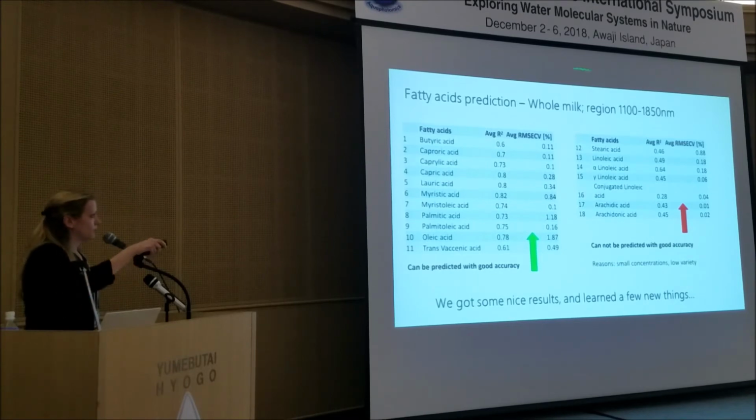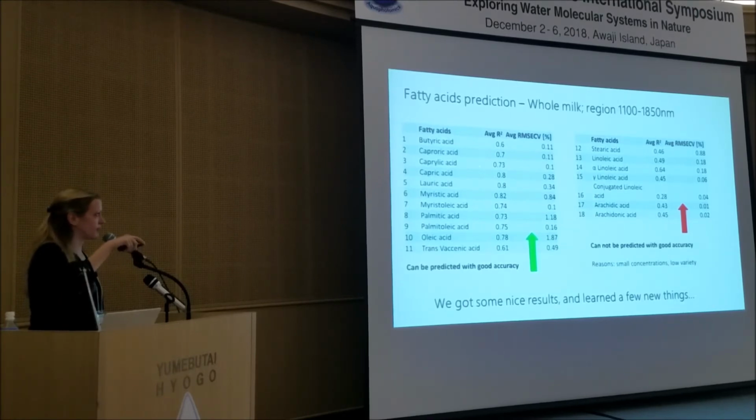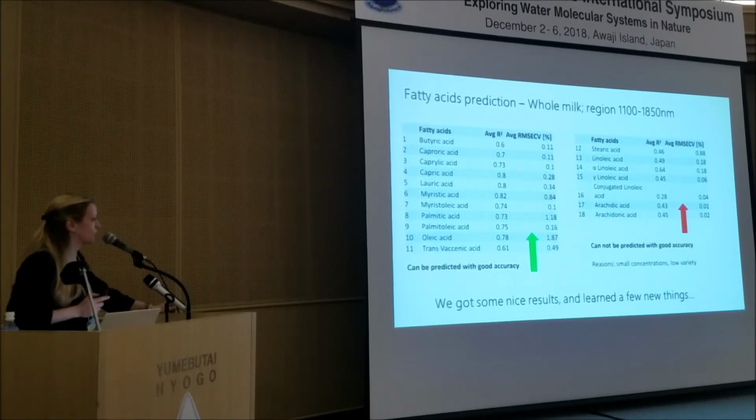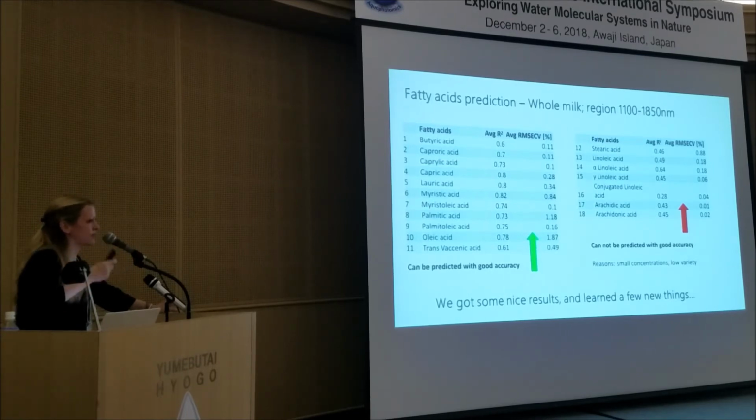So we developed all these regression models, and from 18 fatty acids that we were interested in, we were able, with very nice accuracy, to model 11 of these, mainly short chain fatty acids and, let's say, middle chain fatty acids. We were not able to develop models for a few fatty acids, but that was due to their really small concentrations, and we did not have enough variability in these dependent variables, so we were not even able to build the models for these.